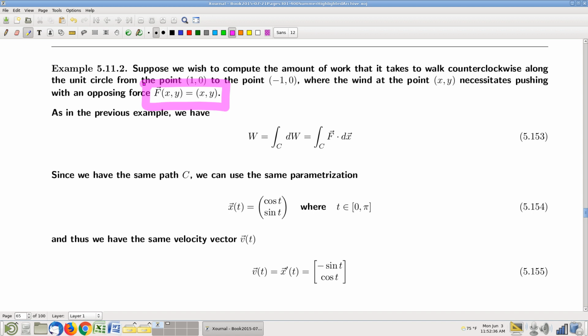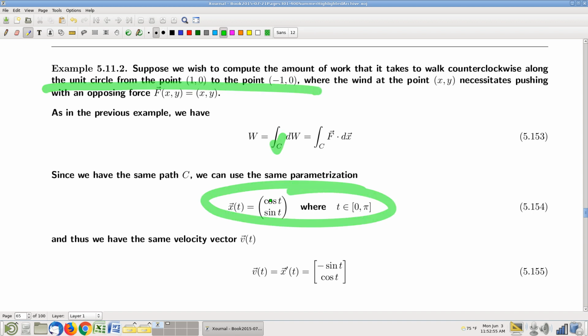So this is no longer (-y, x). Now it's (x, y). So a lot of this question is going to be very similar. I mean, we do have, after all, the exact same curve. So exact same parameterization. No surprise, of course, it's got the exact same velocity vector. Right?